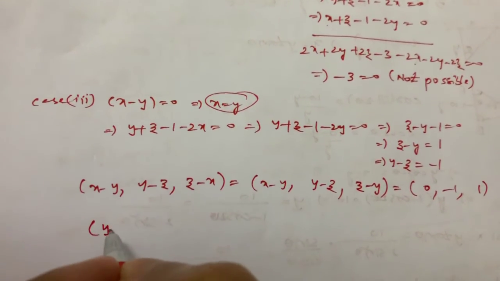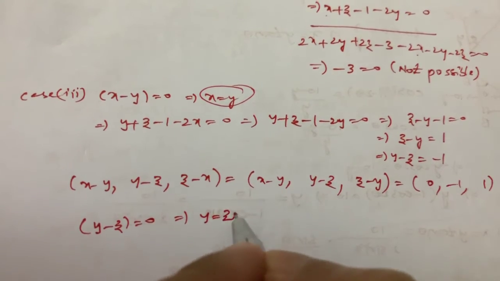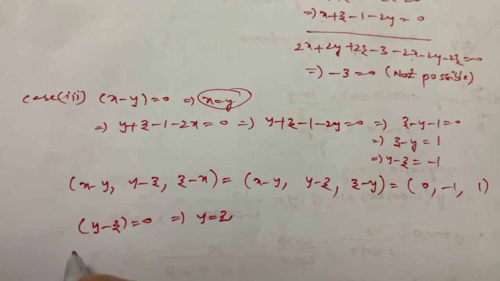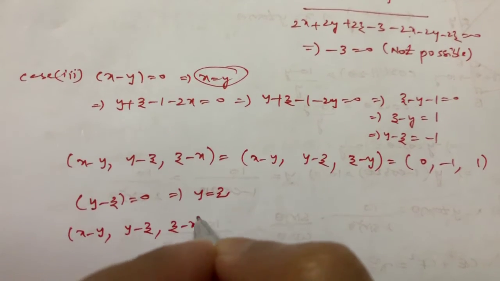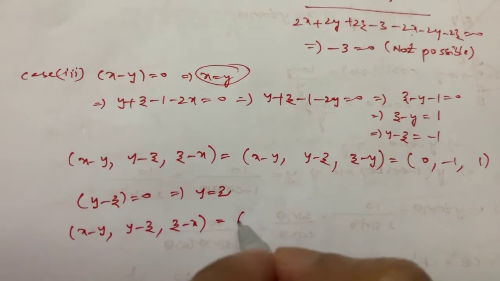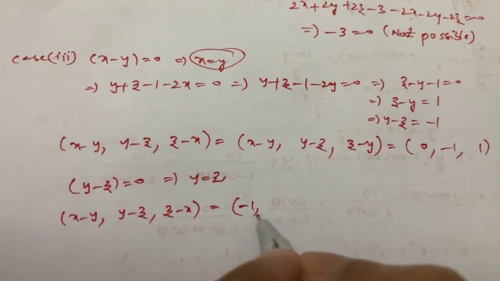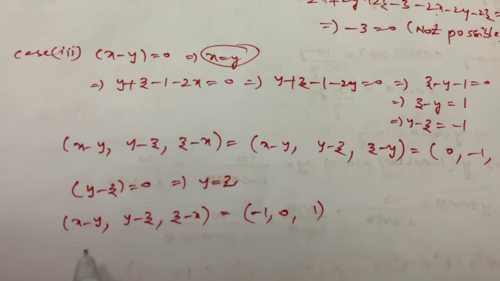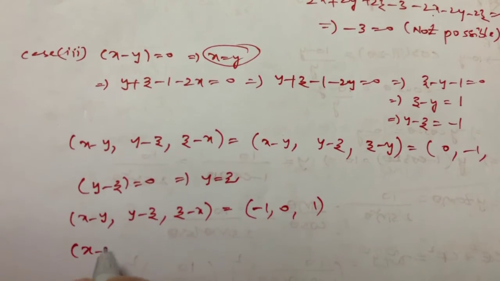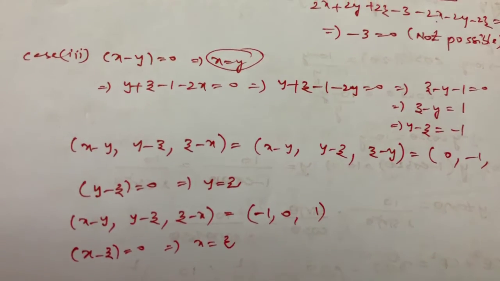We can consider y − z equal to 0, so y equal to z. For y equal to z, the triplet (x − y, y − z, z − x) will be minus 1, 0, 1. Again we take x − z equal to 0, so x equal to z.